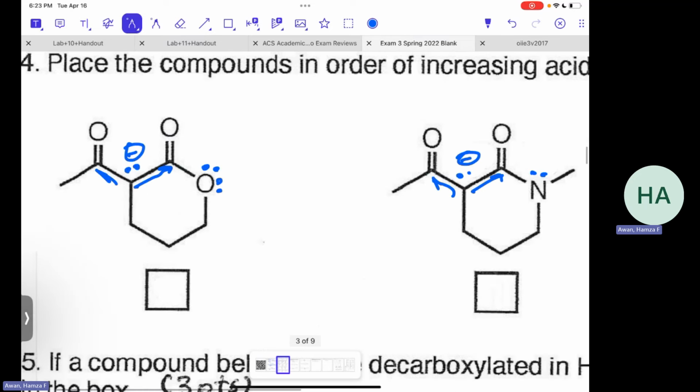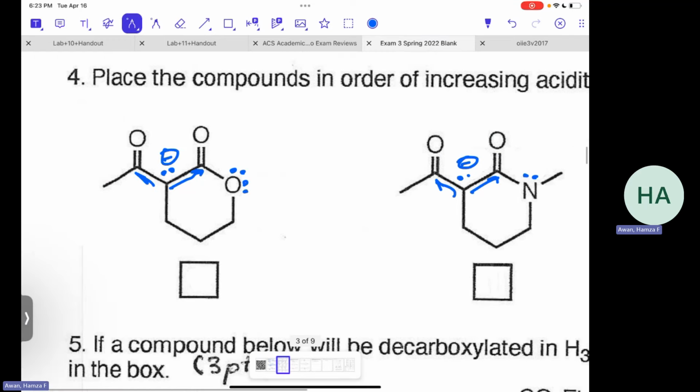So in this case, if we look at the oxygen, this is going to donate some electron density over here. So this carbon right here that's attached to this double bond oxygen is not going to want the minus charge as much, because it has access to the minus charge that the oxygen is providing, right?